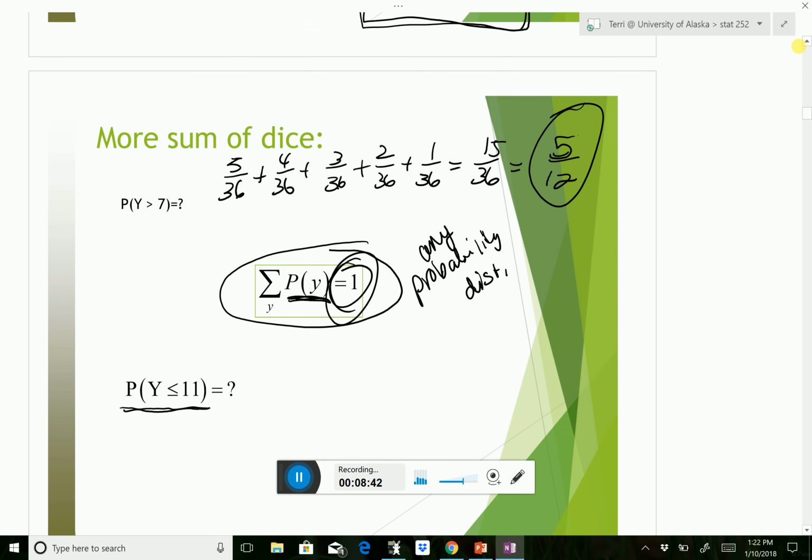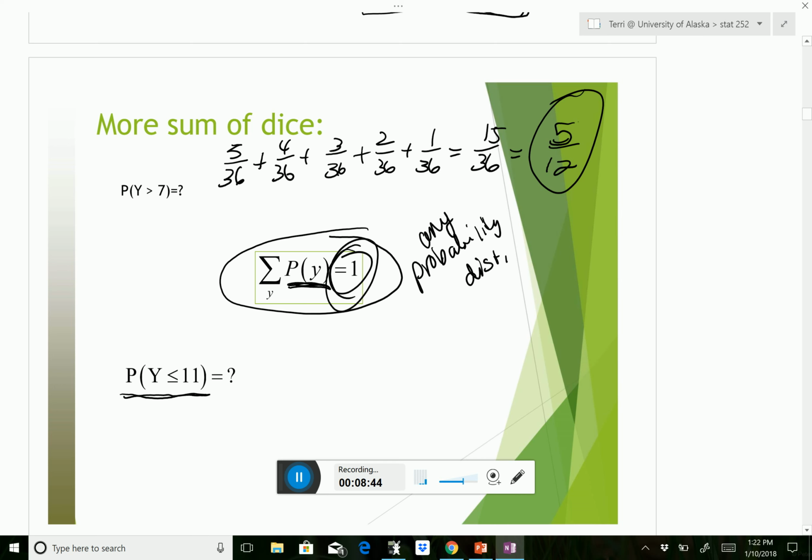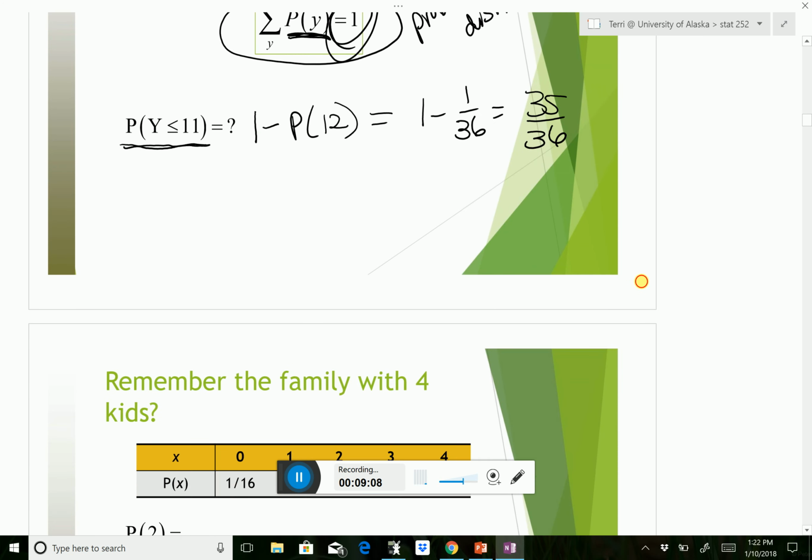So the probability that y is less than or equal to 11 is equal to 1 minus the probability that y is 12, because it's the only one left, which is 1/36. So it's 35 out of 36. So much, much easier. So always look for that if you're doing these problems, because sometimes the complementation rule makes the problem a lot easier.